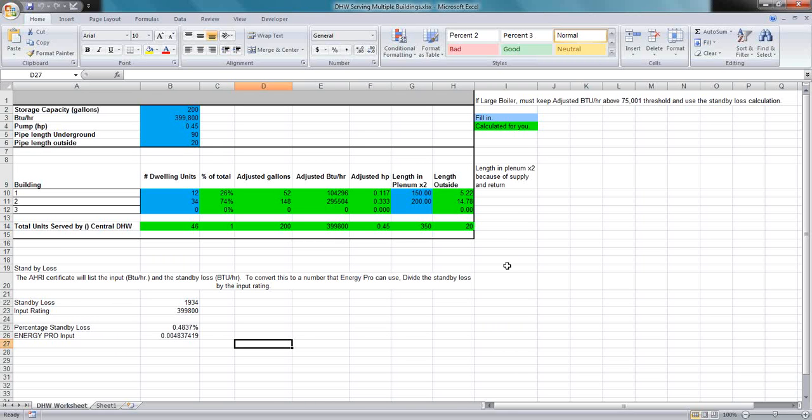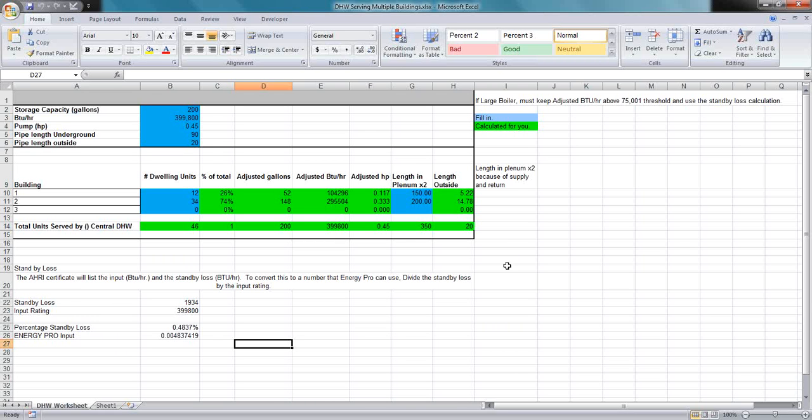I would be more concerned about that than the pipe diameter at the beginning of the run, because obviously if you're pushing a lot of water through, diameters are going to change. So look for the pipe diameter that is going into the unit serving that space. Does that make sense?